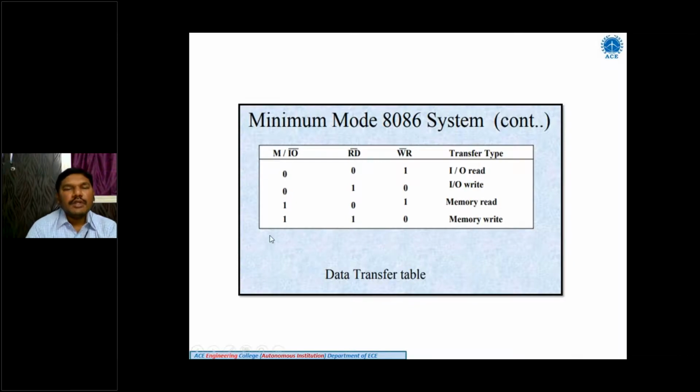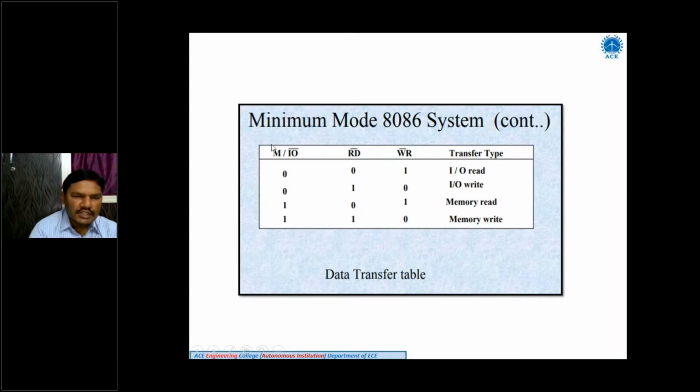So here, how it will read the data or how it will write the data from the memory or IO, this table helps. Suppose I want to read the data from the IO, then M by IO bar must be 0. So when it is 0, how to select IO? Because IO bar means 0 is active and 1 is inactive.